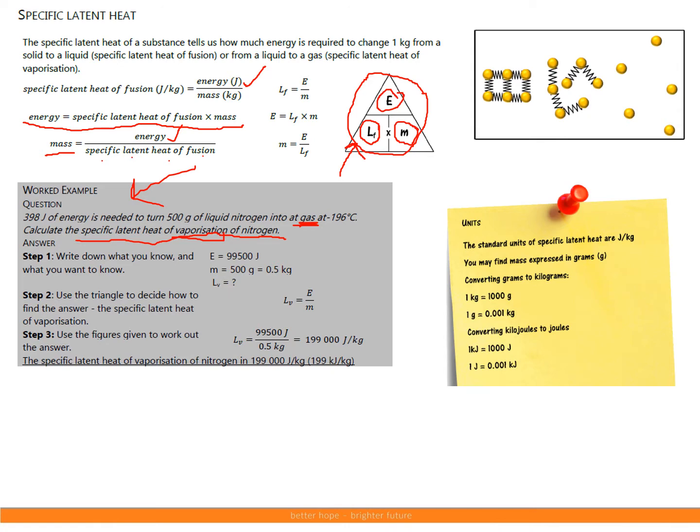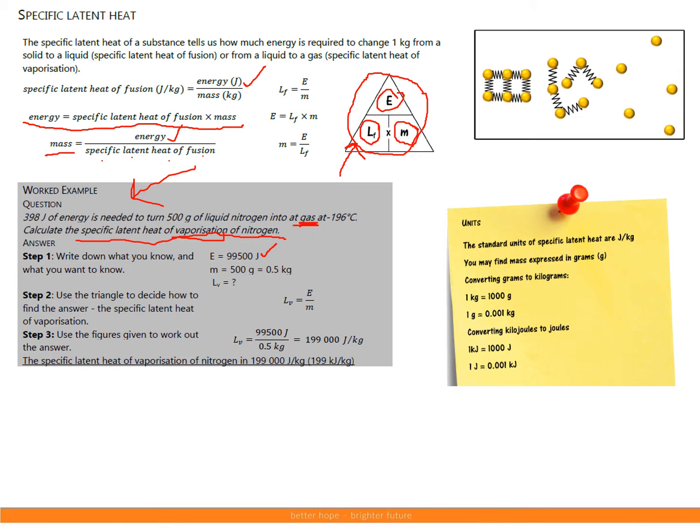So let's write down the energy. First of all, we know that the energy required is 99,500 joules. Now, this bit of information is given to you because it's basically saying for nitrogen to actually vaporize, that's the amount of energy that is going to be required.